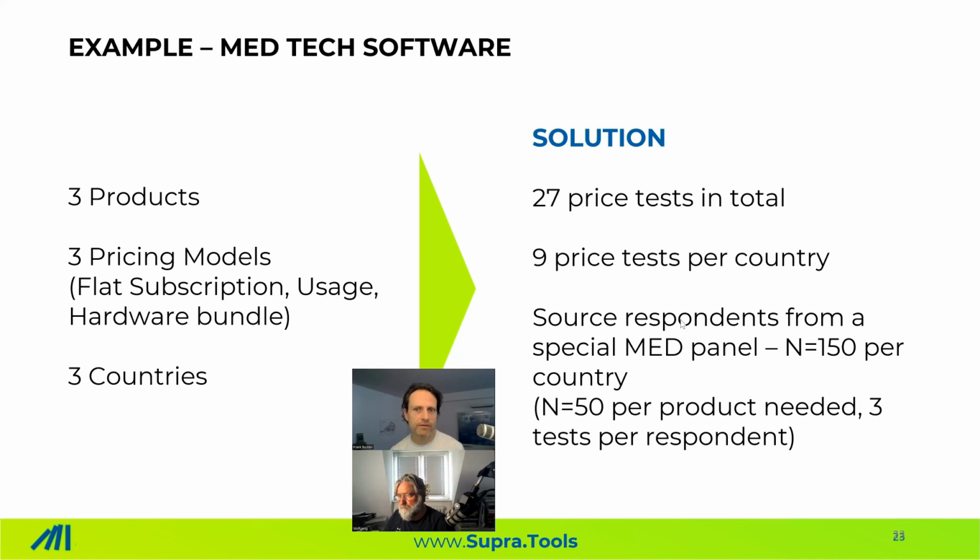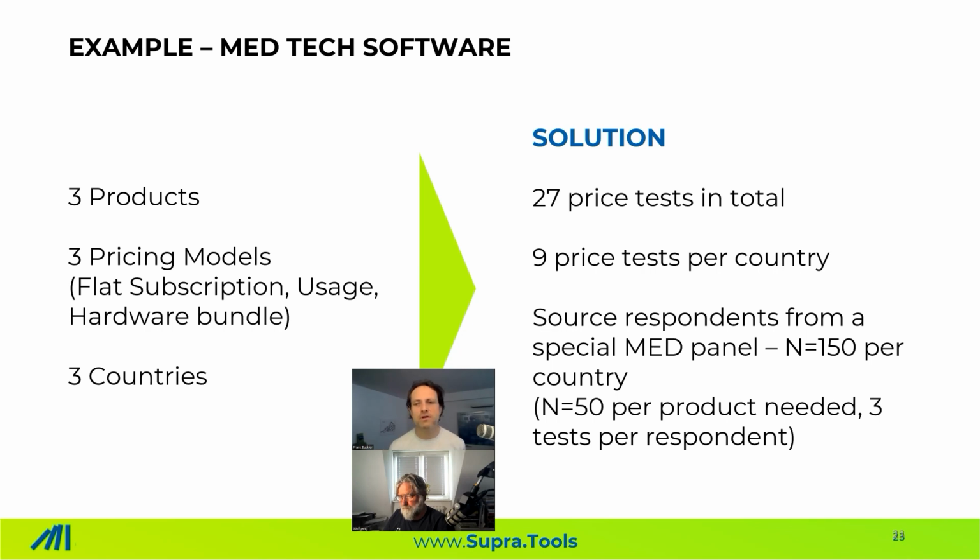So they reached out to a medical panel and needed 150 people per country, because each person can assess 3 price tests, right?